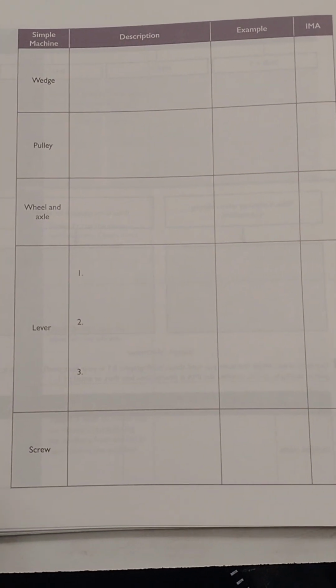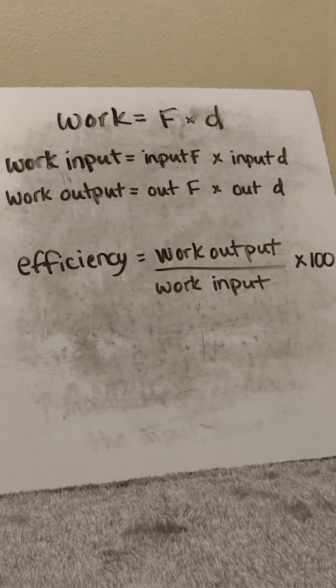We can calculate the efficiency of a machine to find out how much work we're getting out of what we put in. Remember that work equals force times distance. So work input is input force times input distance, and work output is output force times output distance.